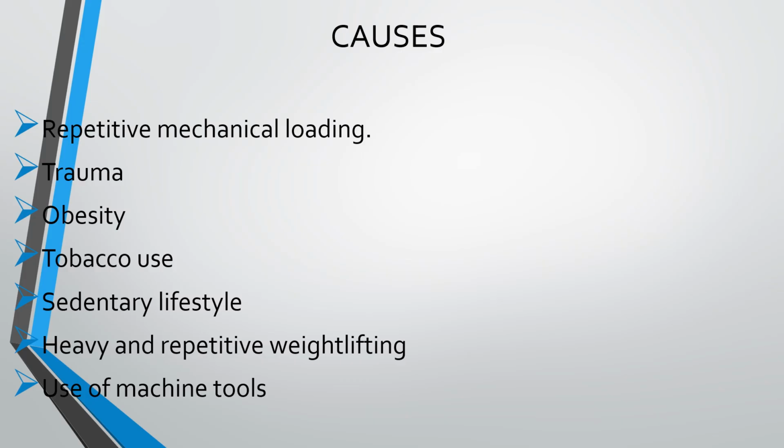So these are the common causes of lumbar radiculopathy or lumbar disc herniation. I've said that it presents as shooting pain that radiates to the lower limb. It can be bilateral or on one side.